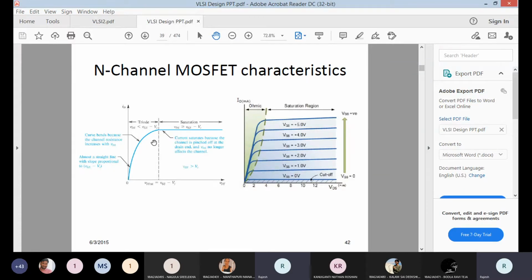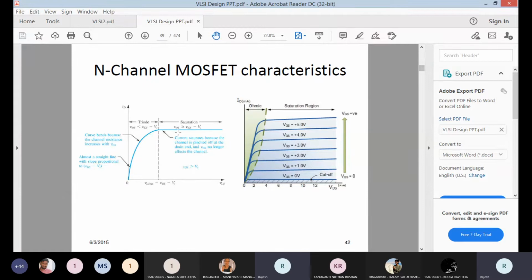If you see the left diagram, here we call it the ohmic region, and on the right side, the same terminology here is written as triode region, but he is showing the drain voltages. If you enlarge the diagram in your PPT, VDS is less than VGS minus VTN, because below that drain to source voltage, the gate to channel voltage will be greater than the threshold voltage.